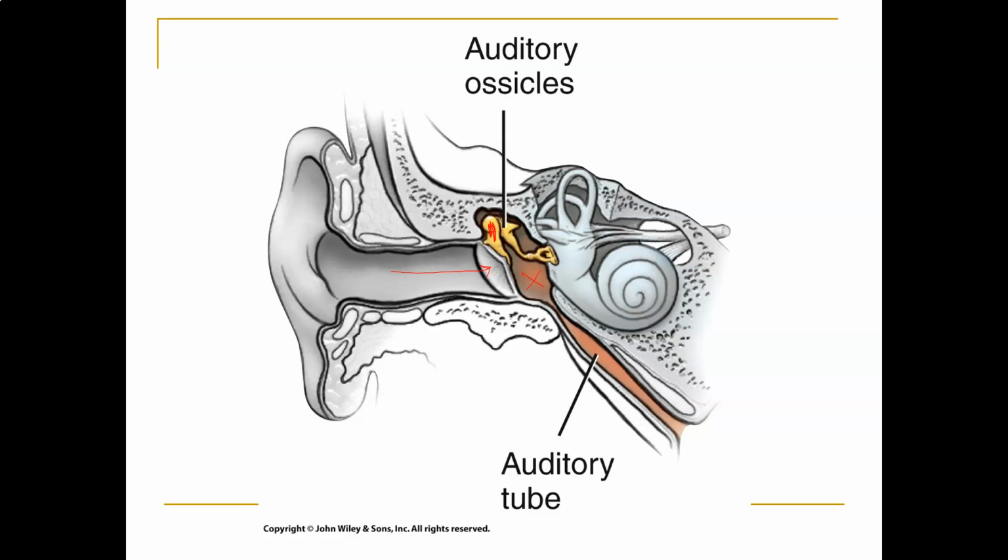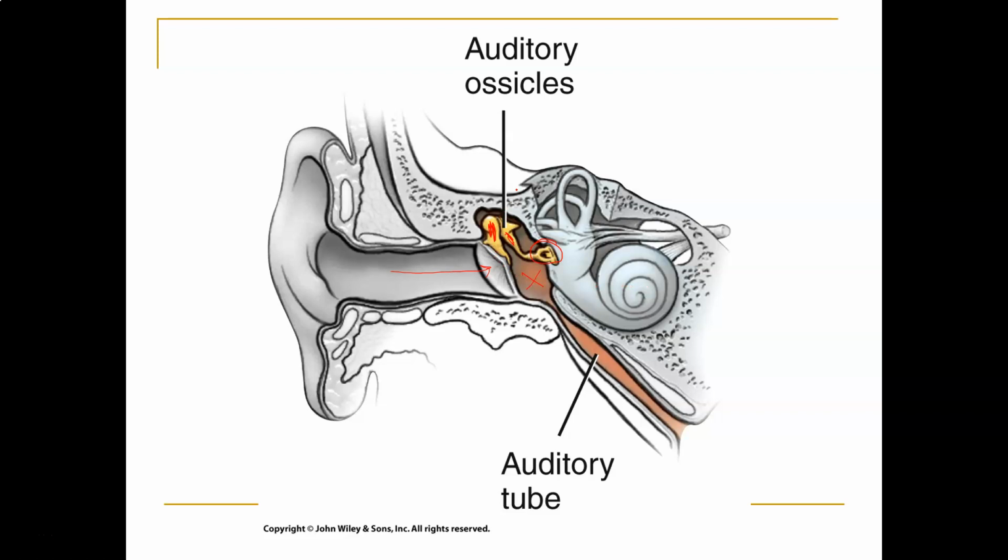And then when the malleus vibrates, that makes the second one vibrate, the incus, because the incus articulates with the malleus, so they're meeting with each other. They're touching each other, so it will vibrate. And then when the incus vibrates, that makes the stapes vibrate.